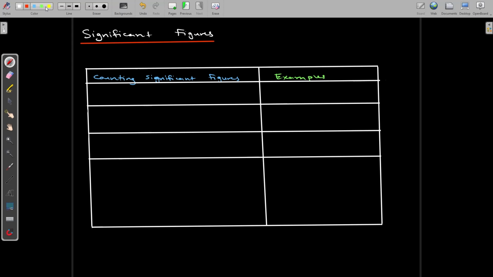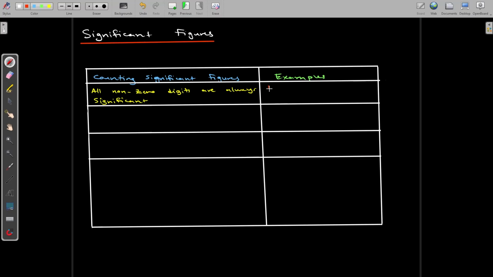Alright, so the first rule that governs significant figures would be that all non-zero digits are always significant.